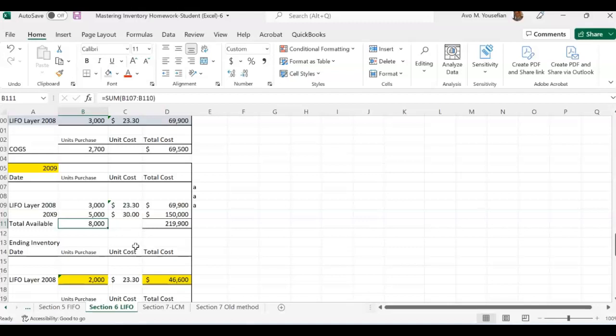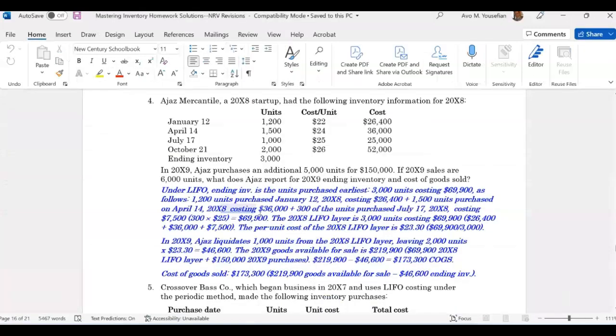Very good. And the ending inventory for 2019, according to your physical count: we purchased 5, but we sold 6. That means you sold 1,000 units from the ending inventory of the previous year plus this 5,000.